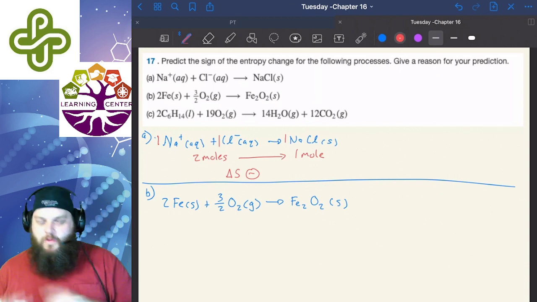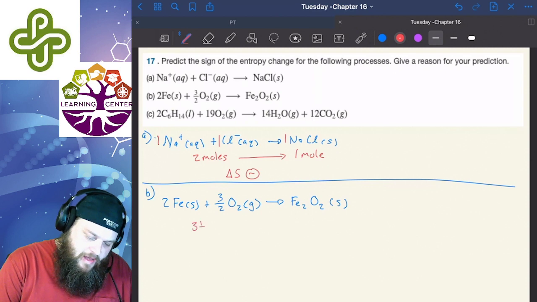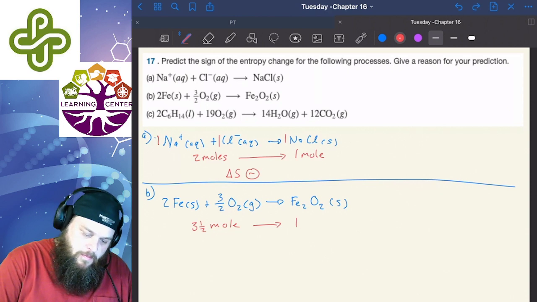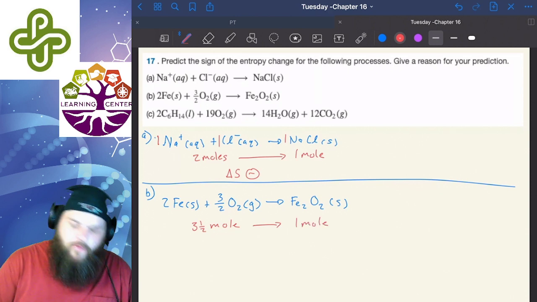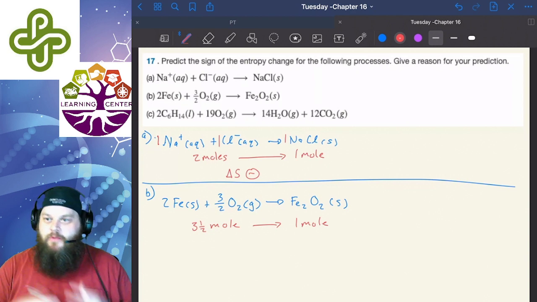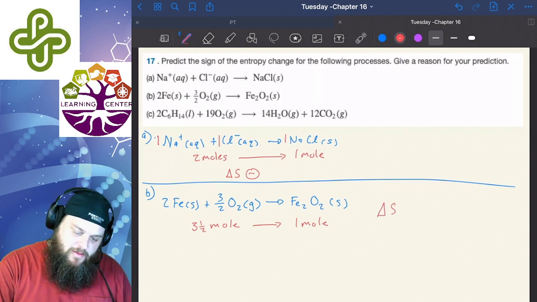Again, we're looking at the same type of transformation where we go from, say, 3.5 moles of reactant forming into 1 mole of product. And that reduction in moles is going to cause a reduction in entropy as well. So the delta S for this one is also going to be a negative value.